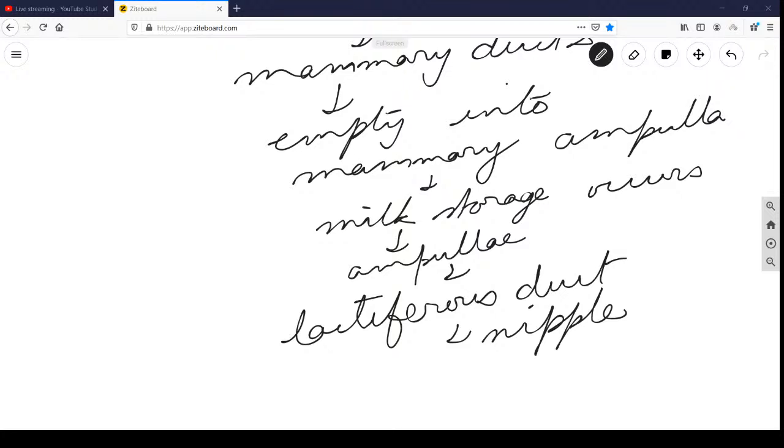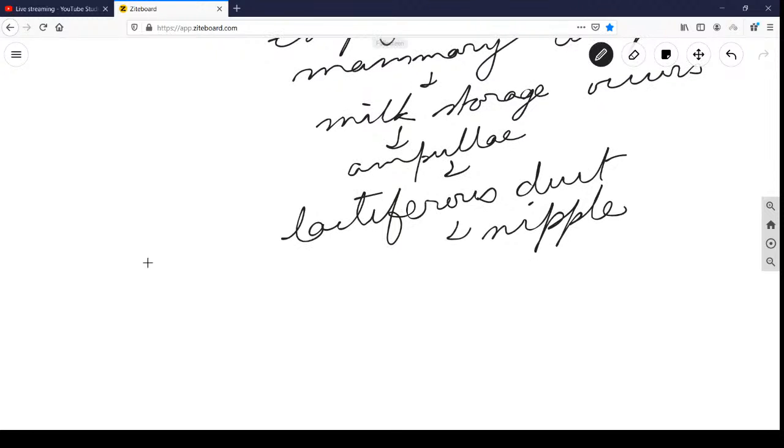And during pregnancy, the rising estrogen and progesterone in the blood, along with adrenal hormones and growth hormone, cause the glandular tissue to enlarge even more and the ducts to branch.